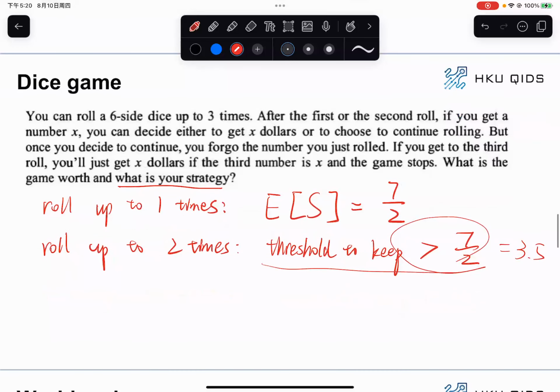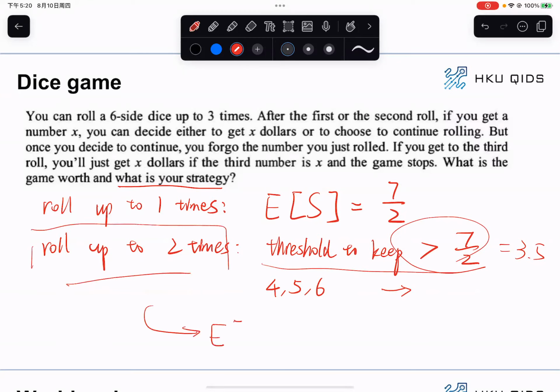So basically, if there are only 2 times for us to roll, then we are going to keep 4, 5, 6 for the first time, and otherwise toss the second time. And for this situation, the expected value is what? We have 1/2 probability to get either a 4 or 5 or 6, and the expected return is just 5.